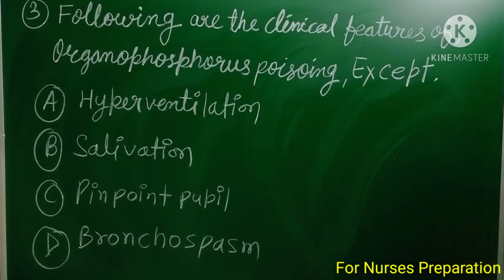Option A is hyperventilation. Option B is salivation. Option C, pinpoint pupil. Option D is bronchospasm. Organophosphorus poisoning. Very important question.